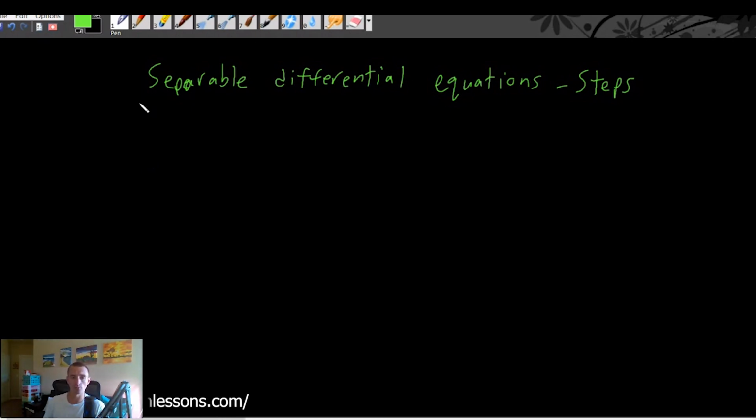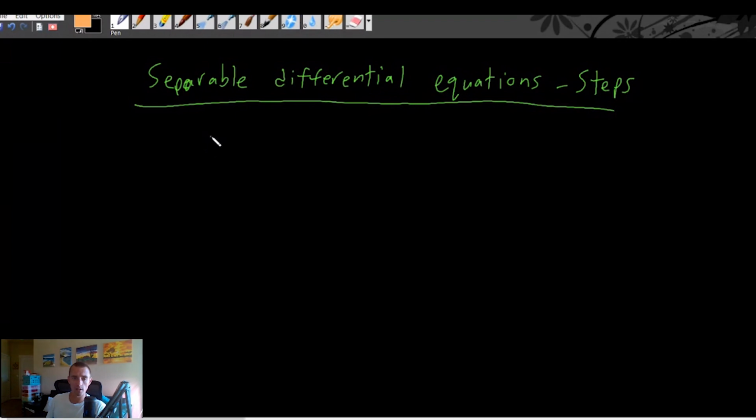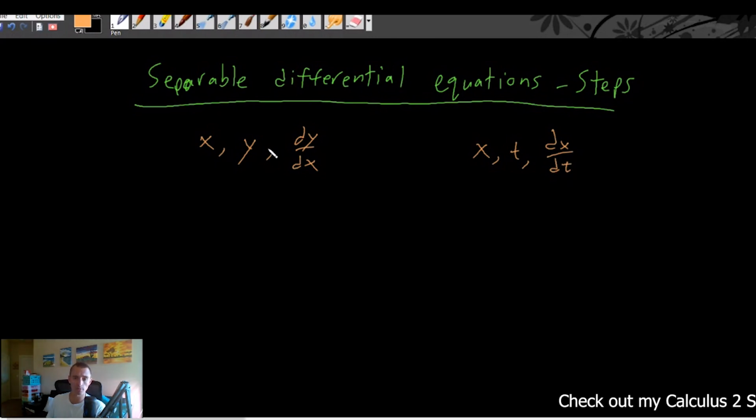Typically, in a differential equation problem, they're just going to give you a differential equation, which really is just any equation that relates x, y, and dy/dx. Of course, the letters could change. It could be something like x, t, and dx/dt. It doesn't really matter what the letters are. The point is it's going to be two variables and then the derivative of one of your variables with respect to the other variable.